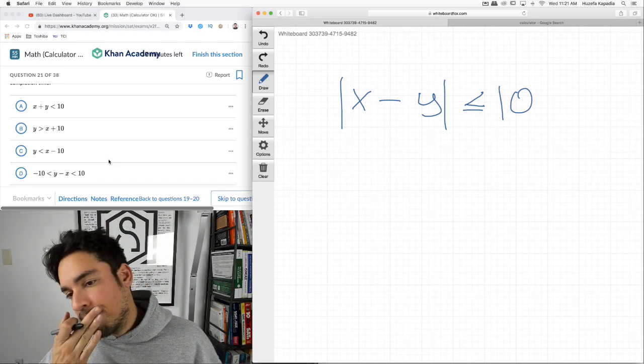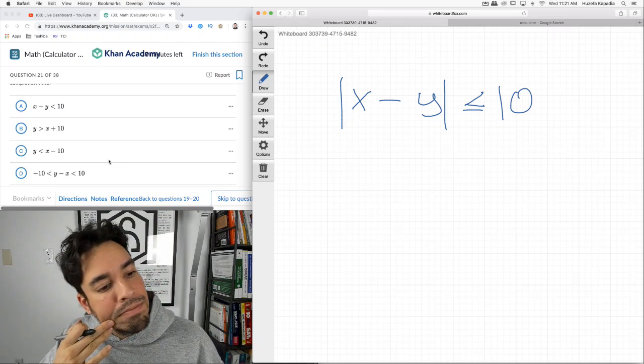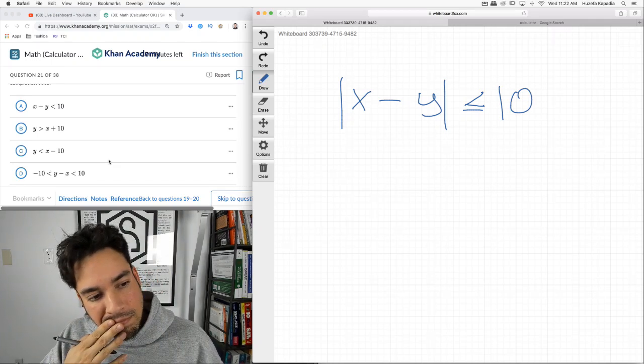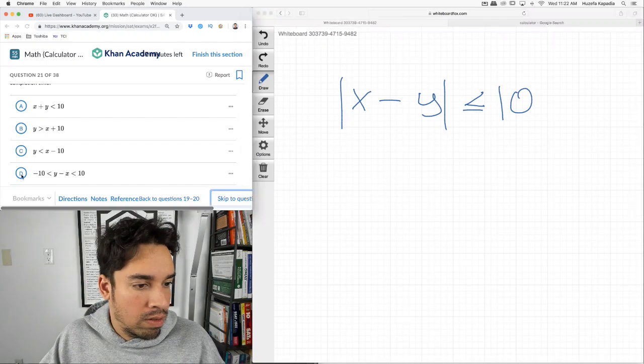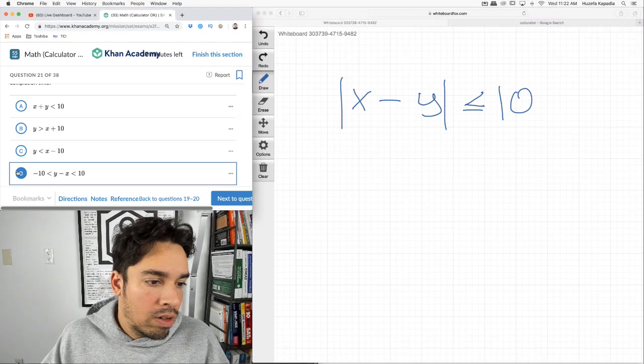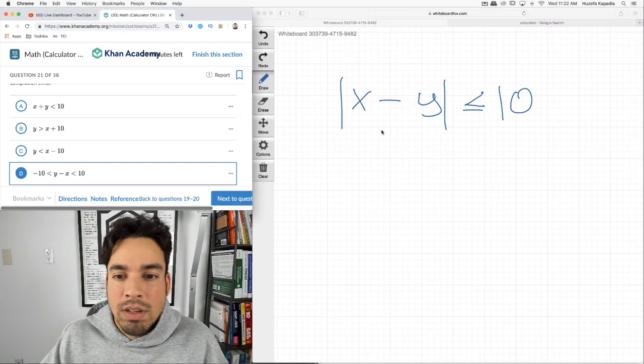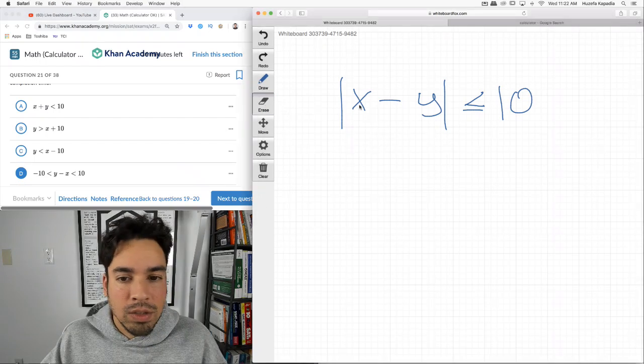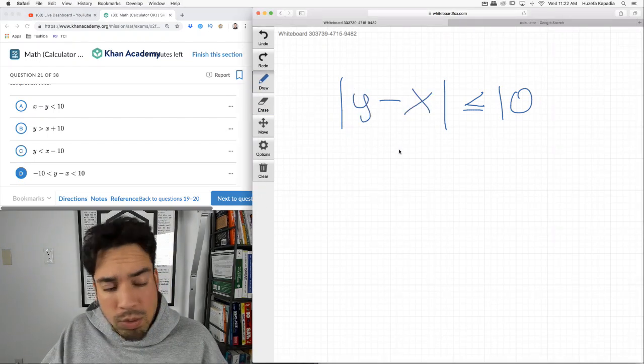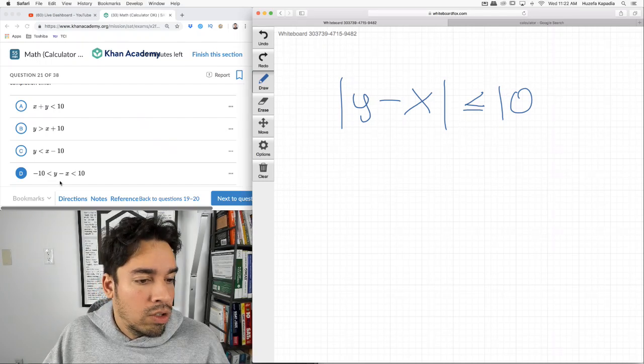Wait a minute. It's D. This is essentially the same thing, except they did y minus x instead of x minus y, which is fine. It doesn't matter because we're talking about absolute value. So the difference of these two has to be less than 10 or greater than negative 10.